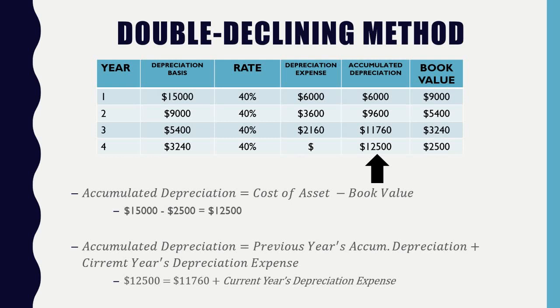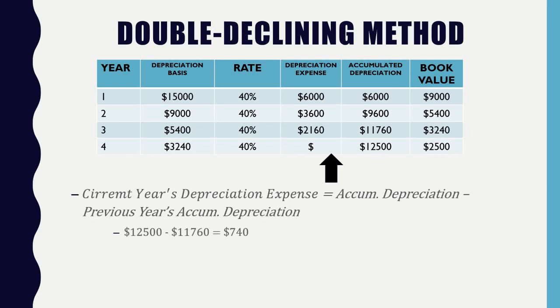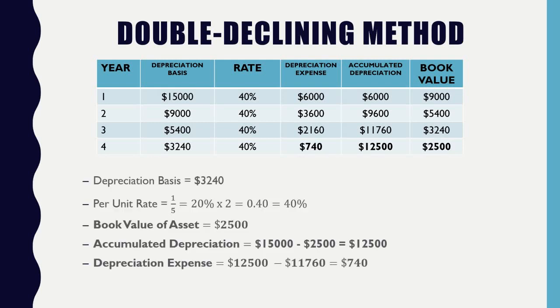If you know that the accumulated depreciation is going to be 12,500, and you know what your previous year was, which is going to be 11,760, what's the difference between the two? And you'll get the answer for your current year's depreciation expense, which in this case is going to give you $740. So that's the number you're going to be plugging in here.